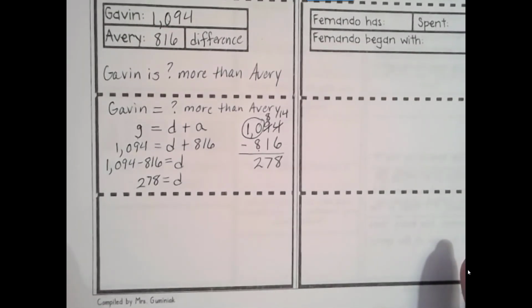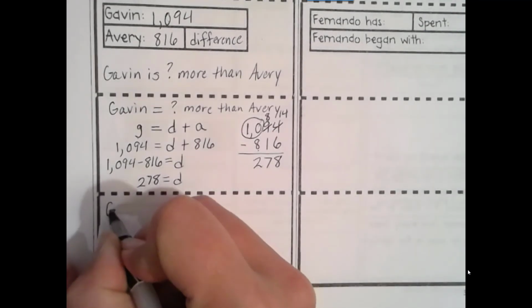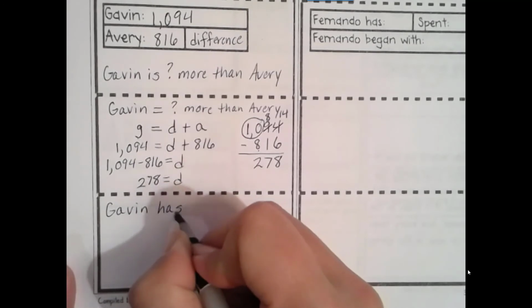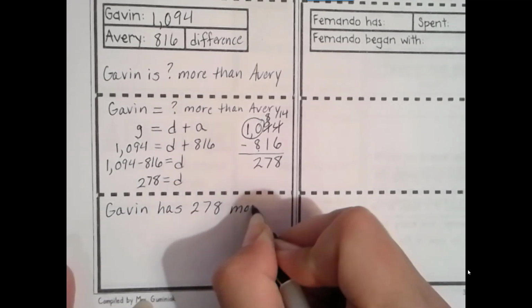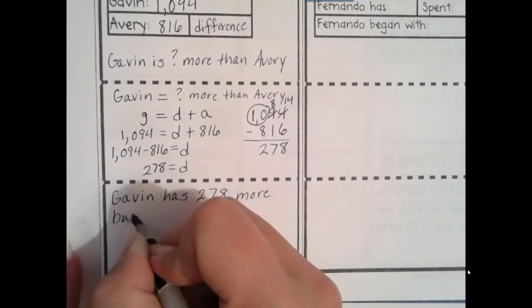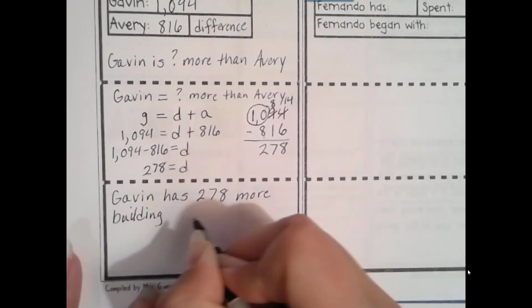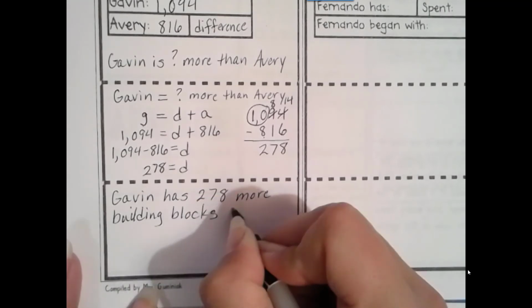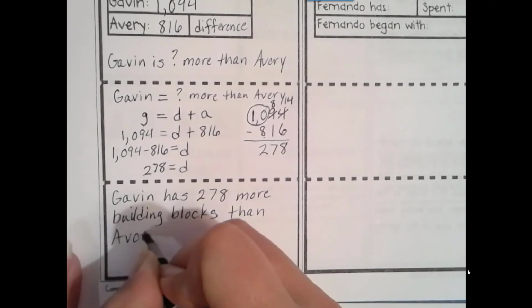So now to answer the question, how many more does Gavin have than Avery? Gavin has 278 more building blocks than Avery.